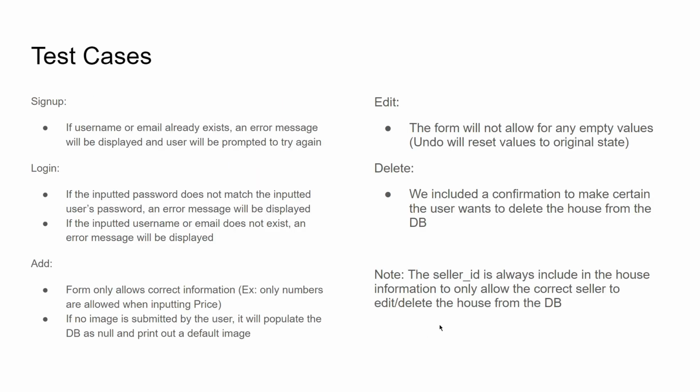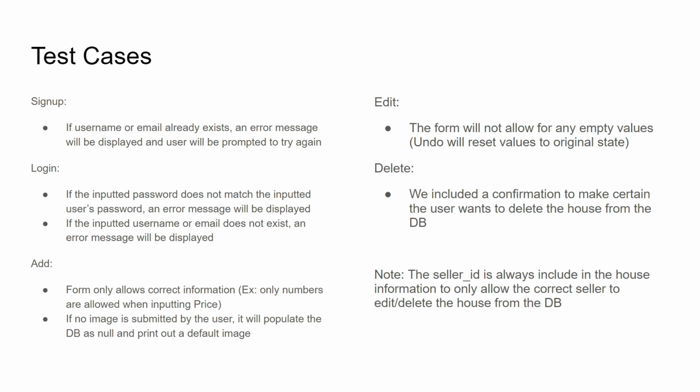So some test cases we wanted to handle were the sign up. So if the username or email already exists, an error message pops up, like how Anish said before. The login, if the inputted password doesn't match the user's password, an error message will be displayed.